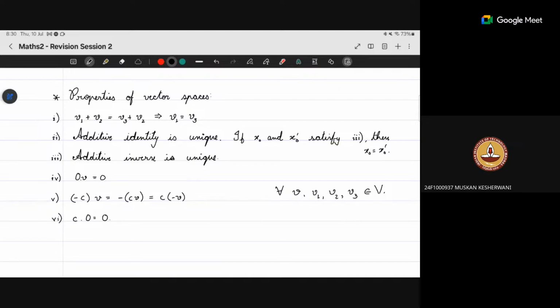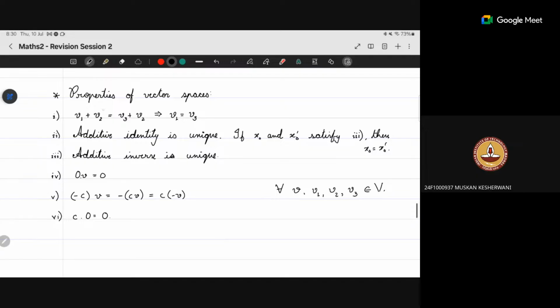The properties for real numbers are easy to see. When you have v1 plus v2 is equal to v3, how can I relate it with these properties? For now, I think I'll skip it, because whenever you have problems, only then will you be using this readily. There are not really examples that I can show you, only proofs, but that is not required. Proofs of it will not be useful for you.